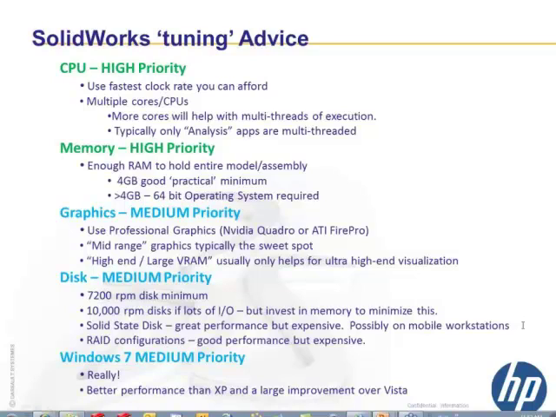The other difference between the i5 and the i7 is that the i7 tends to have a little bit more onboard cache, and they also have a technology called Turbo Boost. That happens at the chip level.